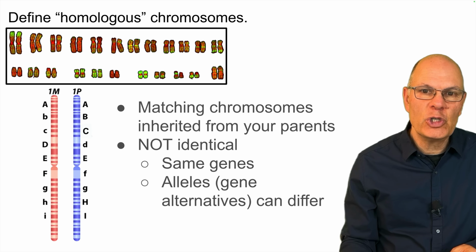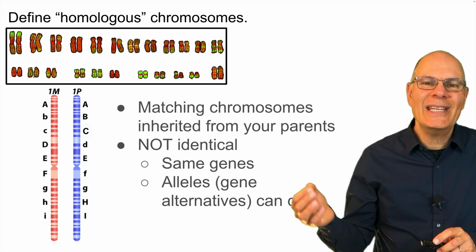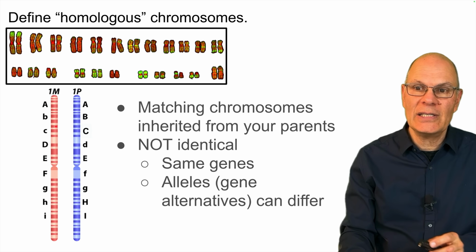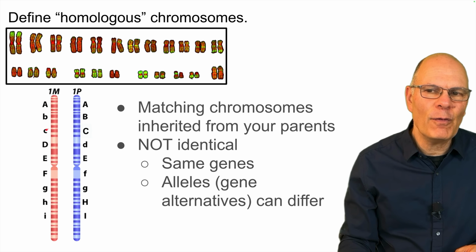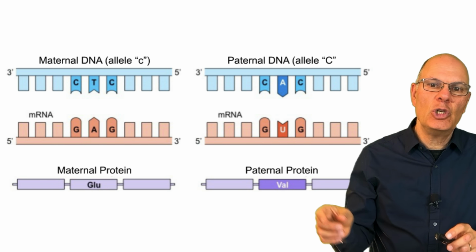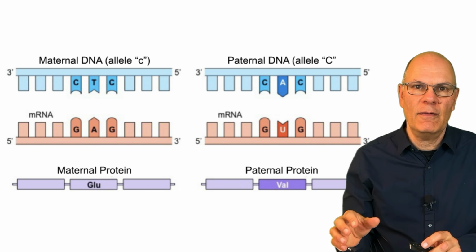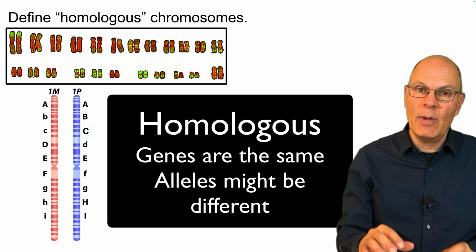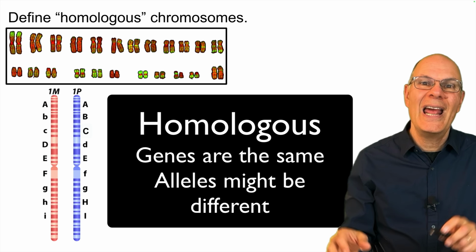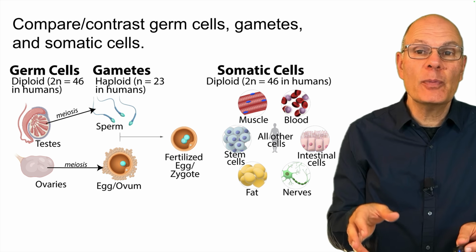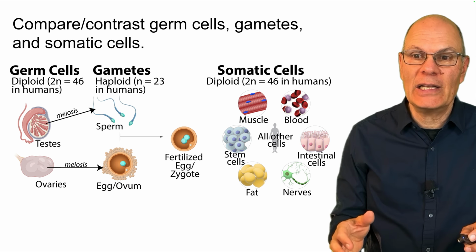If C refers to a specific protein, then the DNA that's coding for a specific sequence of amino acids might be slightly different in what you inherit from your mom and your dad. And that might even be to the extent where the amino acid sequence of that protein differs. So the genes are the same, but the alleles might be different. That's what homologous means.